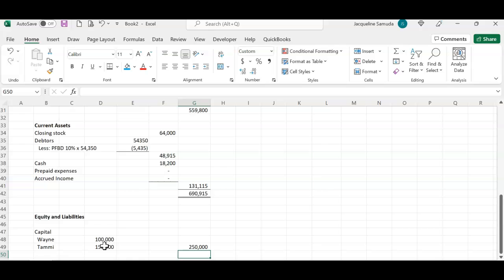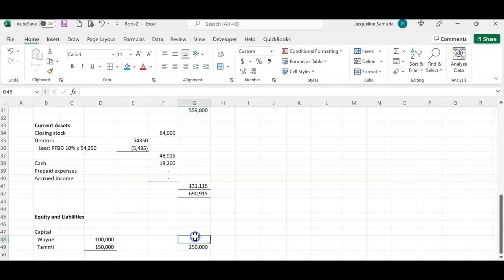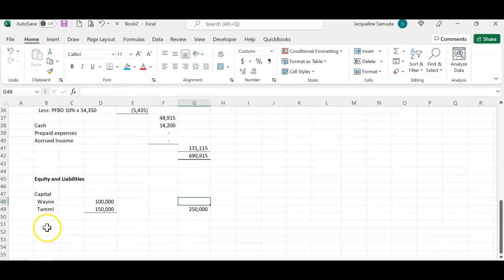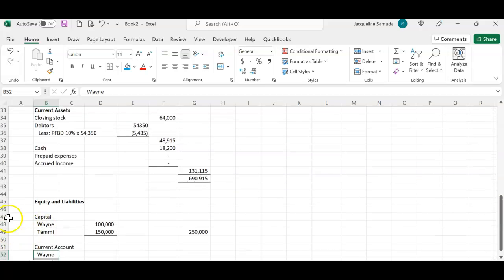But we also have the current account to display for Wayne and Tammi. Now bear in mind, capital accounts, we form the capital accounts in the credit column and show them as positive figures.